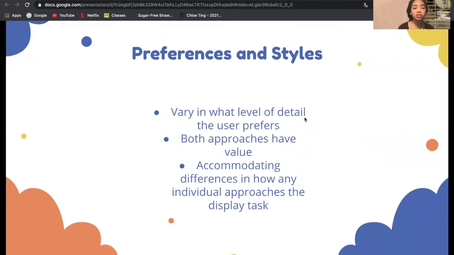But if they want just a general representation of it all, then they can use the theory of change model. Both approaches accommodate differences in how any individual approaches the task they want to display. Therefore, it depends entirely on the user.